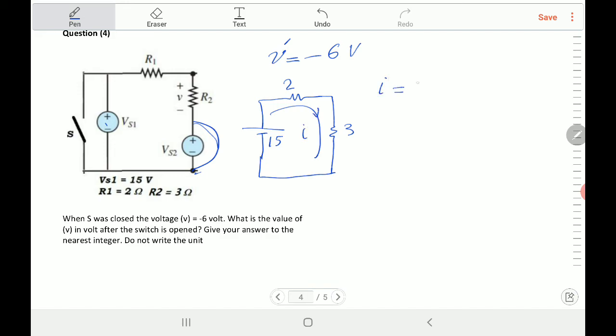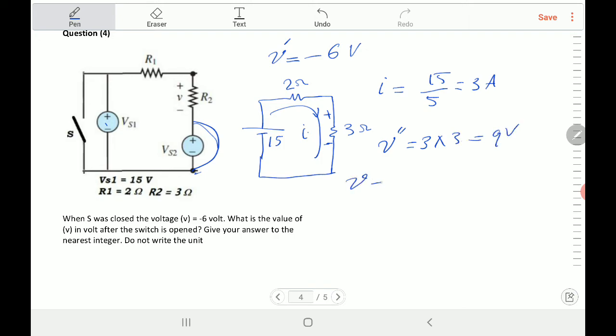The current will be equal to 15 divided by 5 ohm, because 2 ohm plus 3 ohm is equal to 5 ohm. So 15 divided by 5 is equal to 3 amp. And the voltage will go in this direction, so that's the voltage drop. Call it V double dash. V double dash will be equal to the current times 3, which is 3 times 3 equals 9 volt.